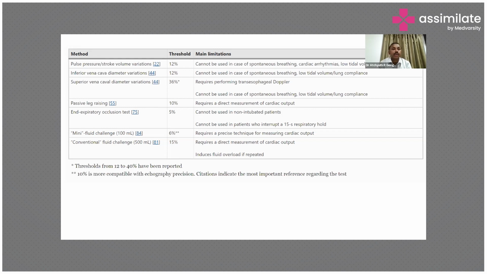Pulse pressure or stroke volume variation is about 12%, IVC diameter variation about 12%, passive leg raising test about 10%, mini fluid challenge 6%, and conventional fluid challenge about 15%. So these are the thresholds for getting a positive result when we test for the hemodynamic parameters.